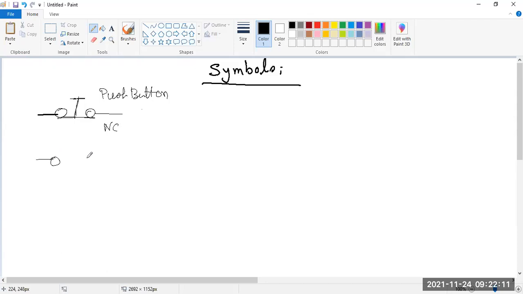And if the push button is drawn in this way, then it is a NO push button. Just draw this, because after a few times you have to know this.